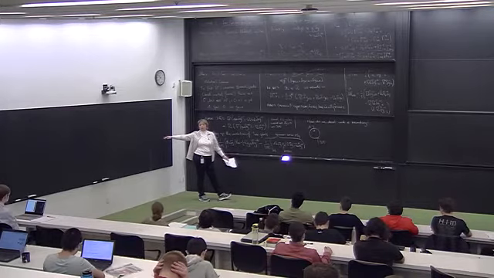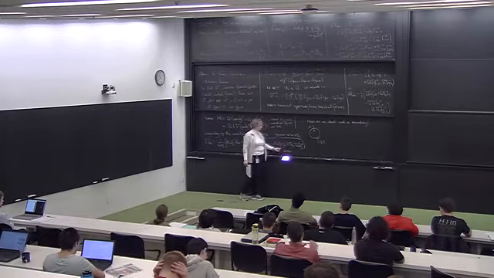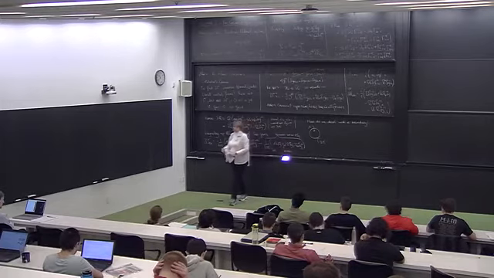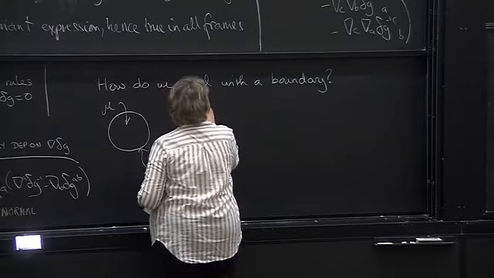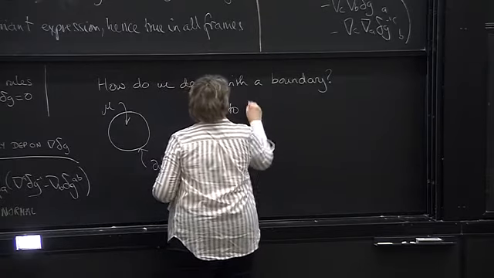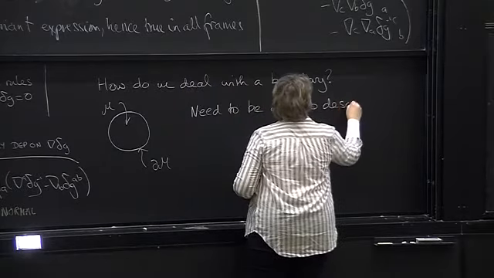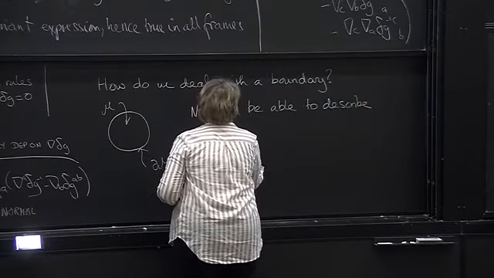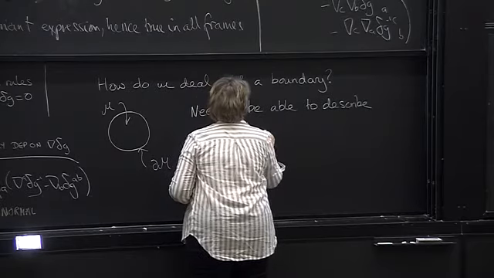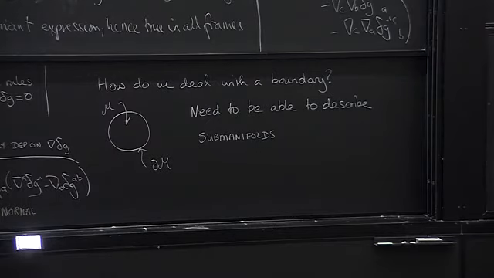So our boundary appears to have a metric, and indeed we're assuming it does, because we're writing normals, we're writing root g's, and we're thinking about covariant derivatives, etc. So we think, therefore, what we need to be able to do is to think about submanifolds of a manifold, because that's what a boundary is.